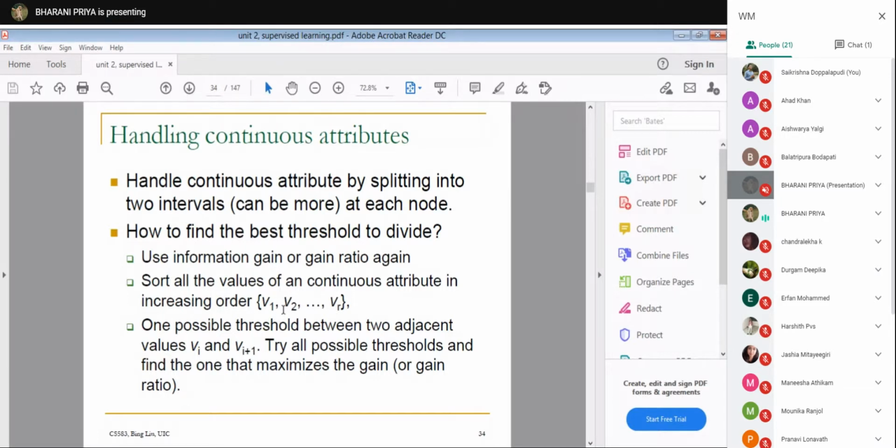You may take v3 or v4 as well. You take all the possible thresholds, calculate the gain on each, and whichever gives the maximum, you take that as the threshold.